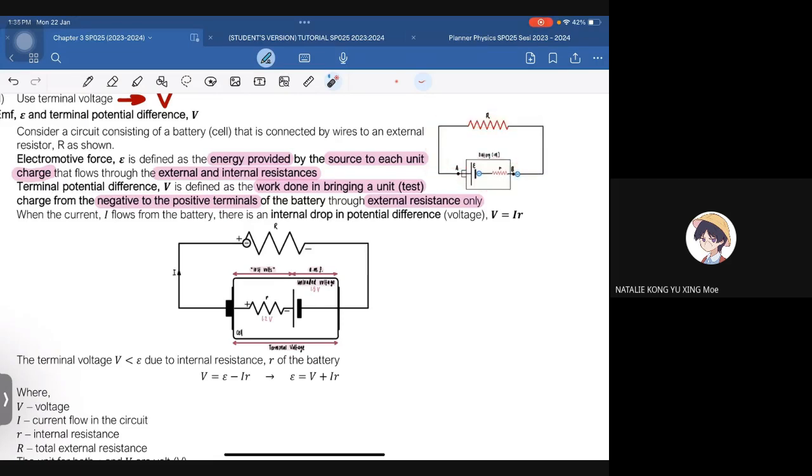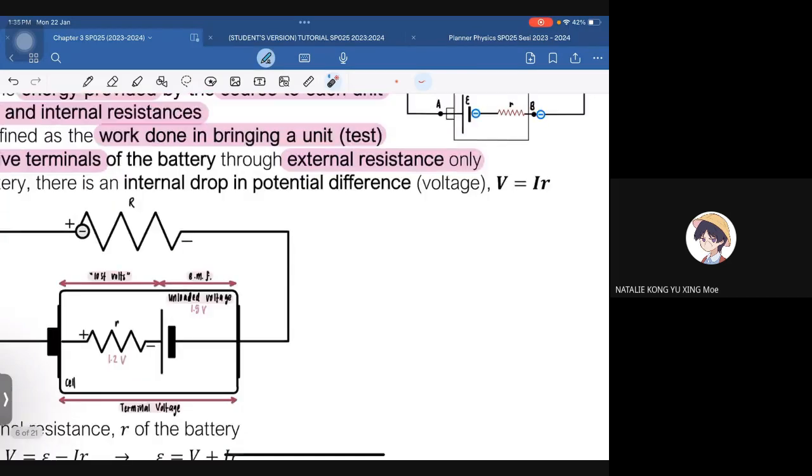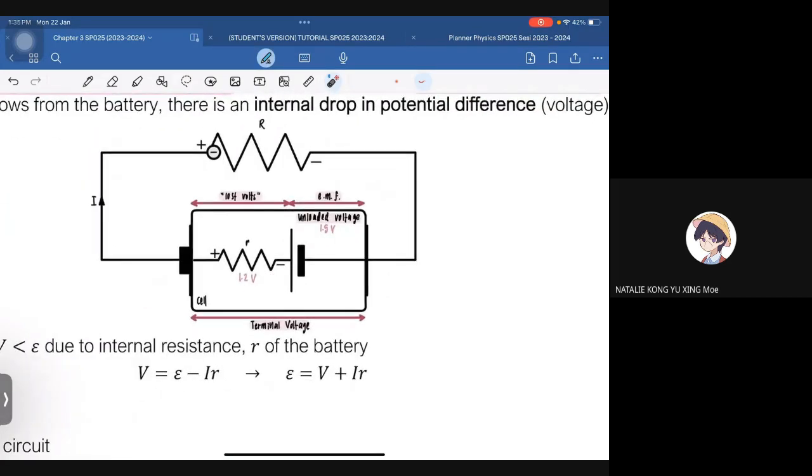EMF, on the other hand, is what is happening inside the cell, the battery part.